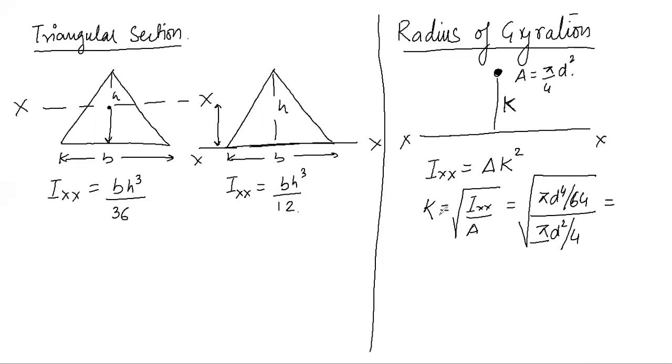It means in that case your radius of gyration is d by 4, with respect to the x-axis. Similarly, for the y-axis, k will be the square root of Iy about A, and its value will remain the same, d by 4, because we are dividing by the same area. Class, is that clear to everyone, what radius of gyration is and how it is to be utilized in this condition?